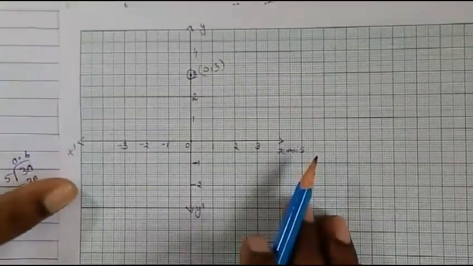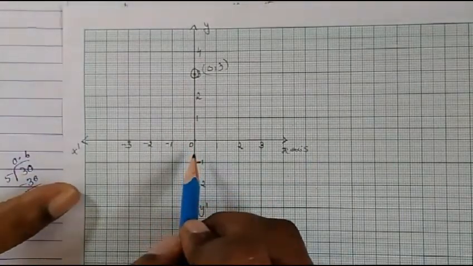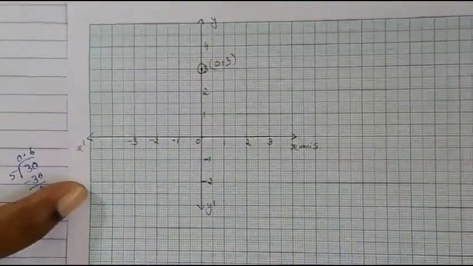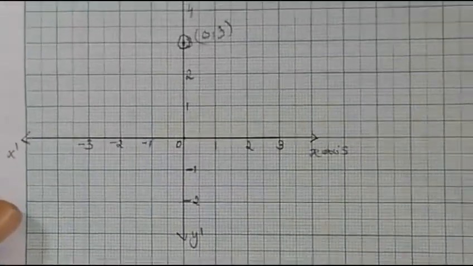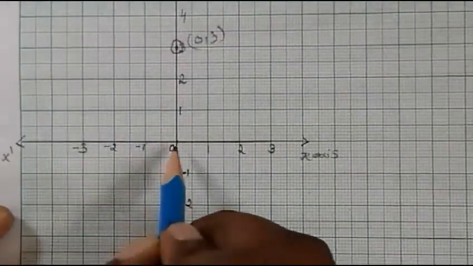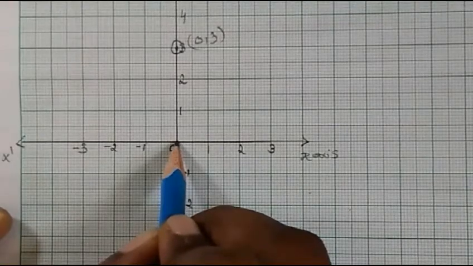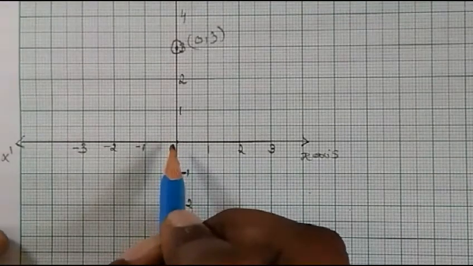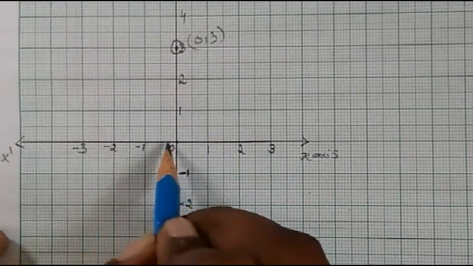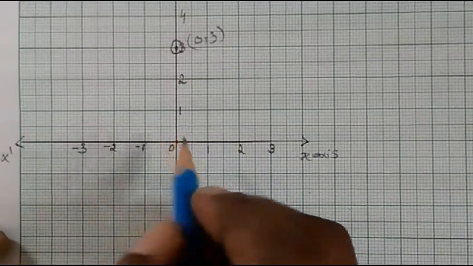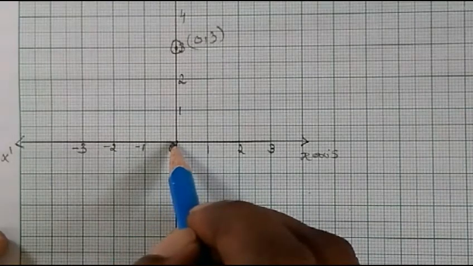That means 0 is here. I'll just magnify for you. So 0 is here. We want minus 0.6. So minus comes in this direction.